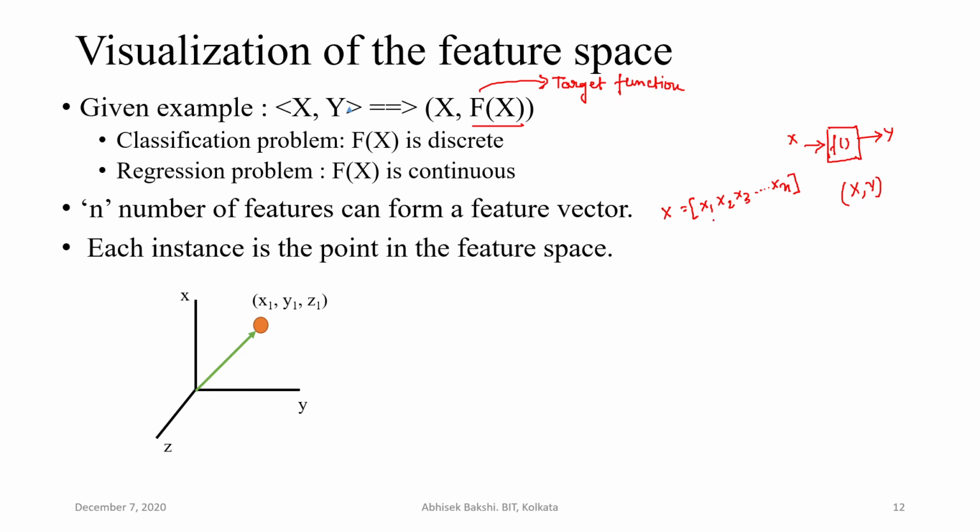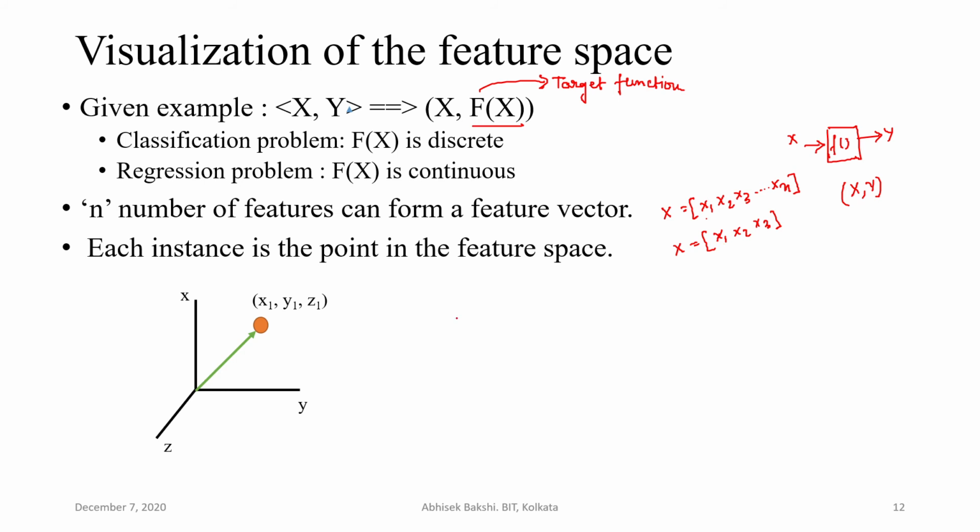If I consider this as a vector, suppose I have n features, we can just consider a situation where we have 3 features. Forget about n number of features. We have considered 3 features, x1, x2 and x3. These 3 features we can consider as 3 dimensions in a space, each and every dimension representing a feature.